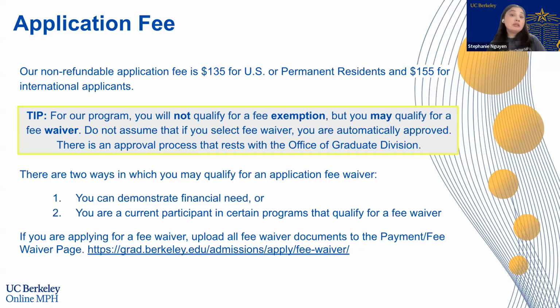If approved, you would be notified in your application portal, or if you're denied, they will tell you why, and you can give another type of document to see if you can qualify then. This is actually something that is not done directly through our admissions team or department. That is all through graduate admissions.